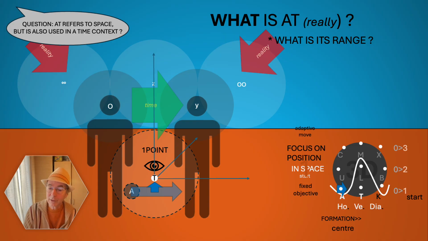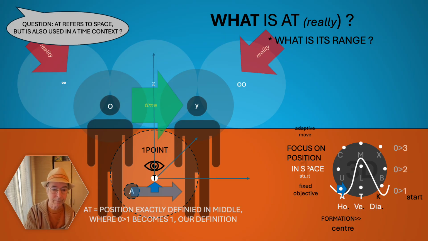Of course, my definition is still there because of the A, but in T I have found the definition. So "at" is about the T position, which is exactly defined.